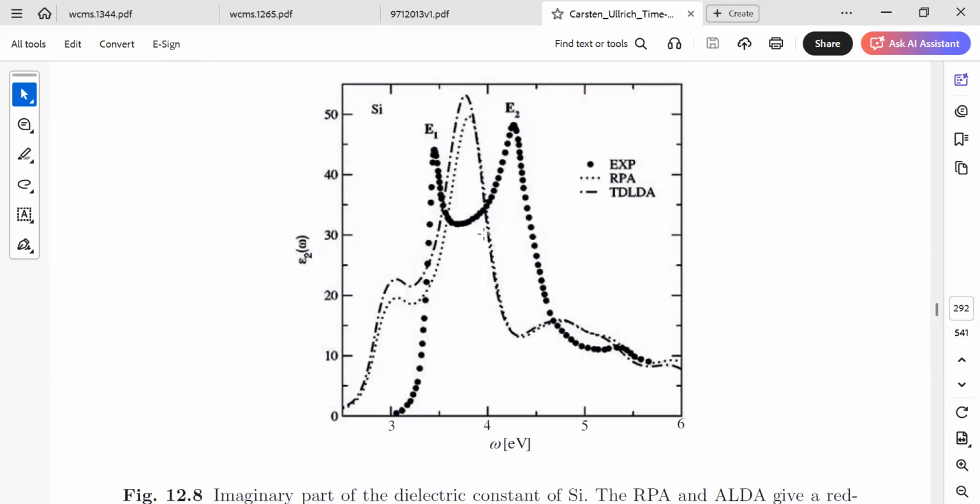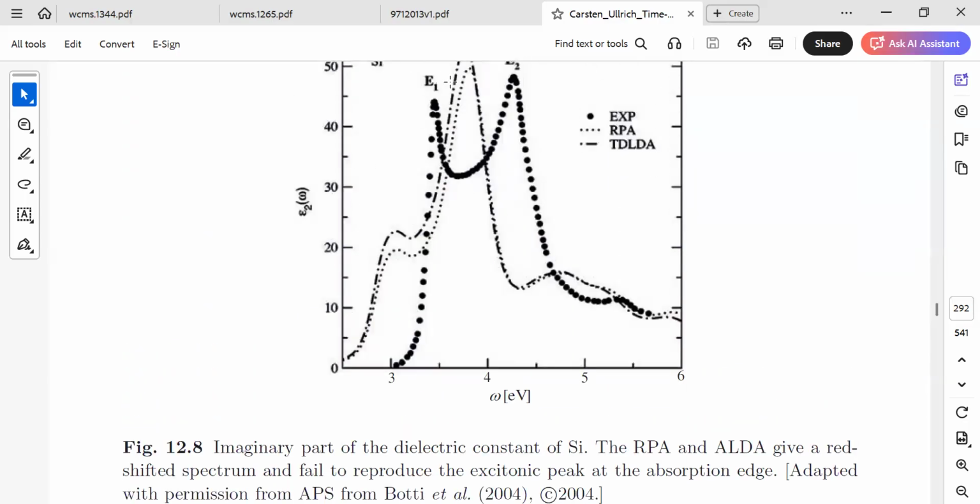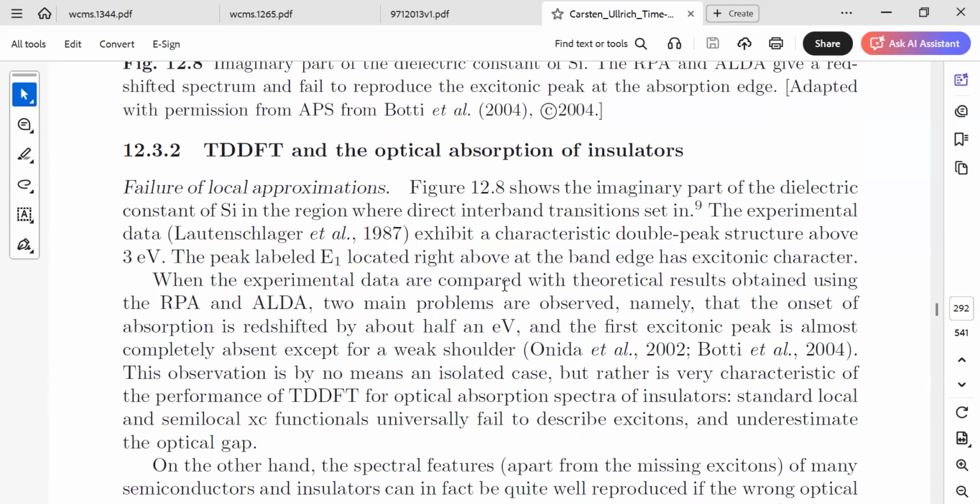This means that this E1 peak is of excitonic character, because it is just below the edge of the gap for silicon.